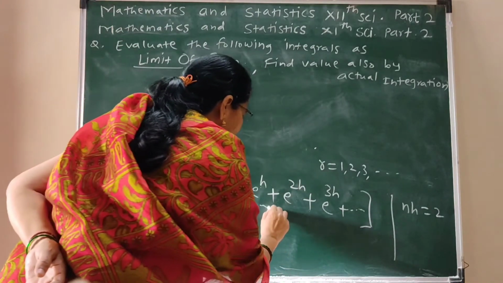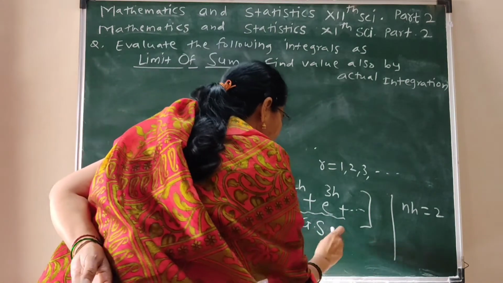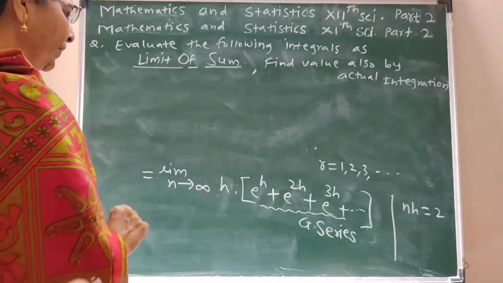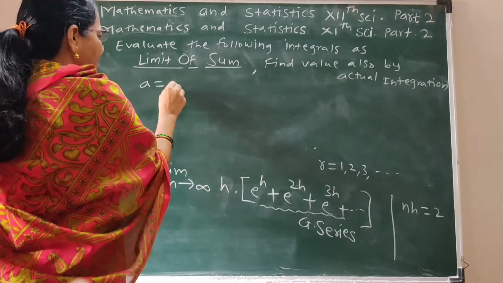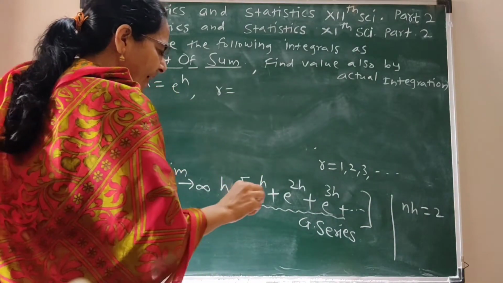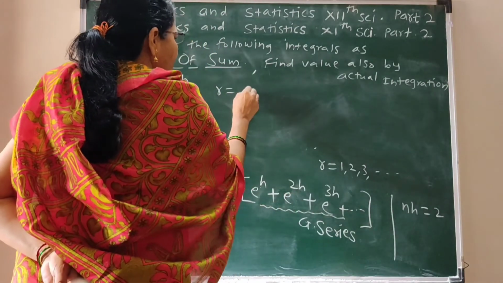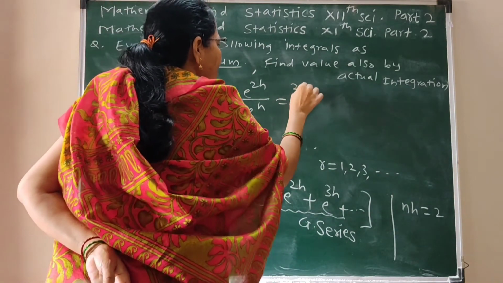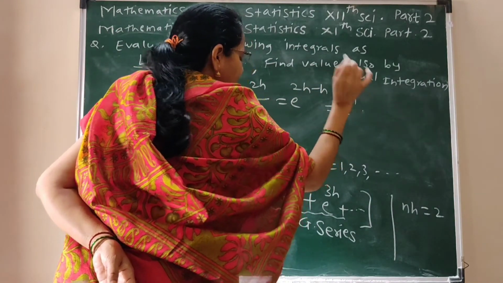If we see, then this is a geometric series. How is it? The first term is a, e raised to h, and we have to find the common ratio r by dividing the next term upon the previous term. e raised to 2h upon e raised to h, that is 2h minus h, is e raised to h.